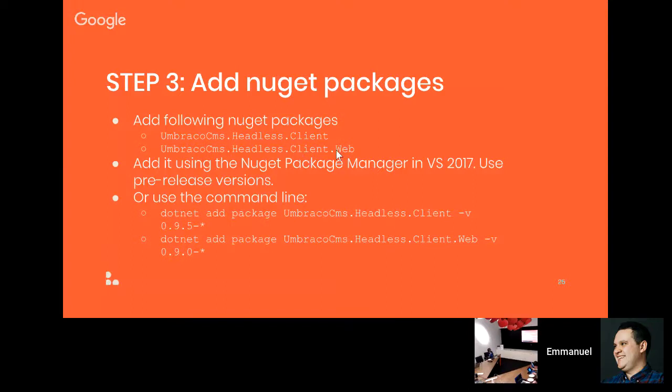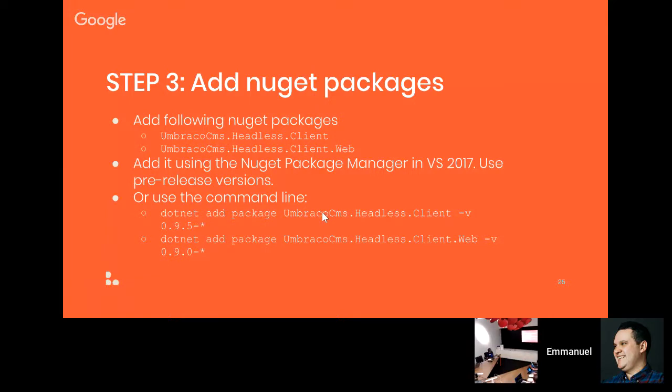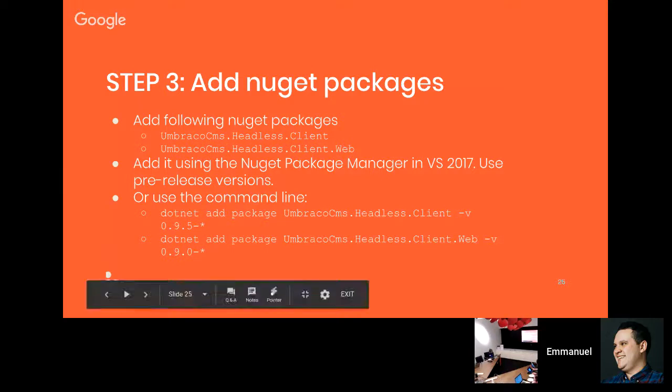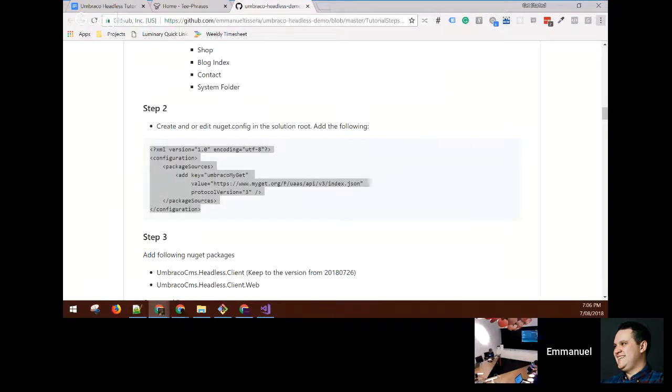Now make sure that we use the version from the 26th of July 2018. If you use a version newer than that, we are going to run into some trouble.